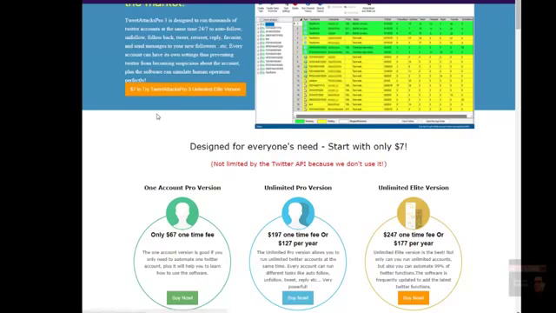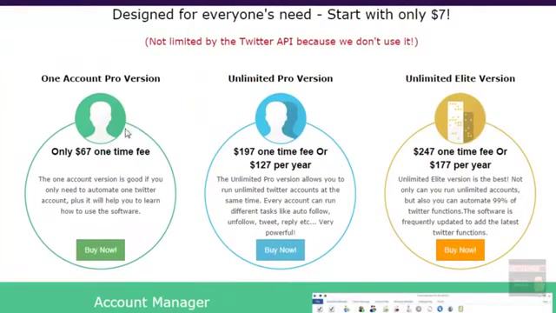Anyway, the software comes in 3 basic versions. You have a 1-account pro version that's $67. If you just want to manage one Twitter account, then that's fine. That's probably what you would go for. Most of us, though, have multiple accounts because we're managing accounts for clients, or you might have multiple Twitter accounts for different businesses or endeavors that you own or plan to build.